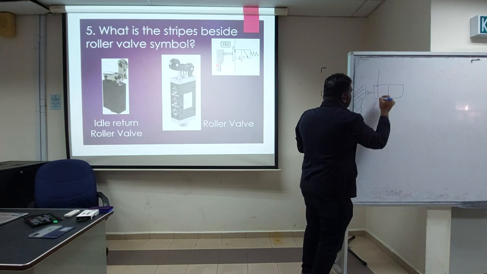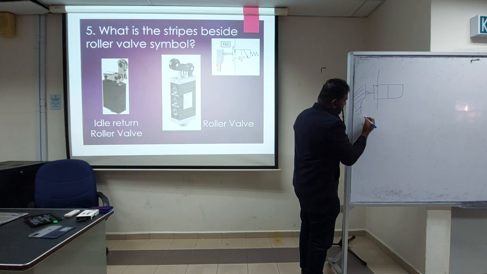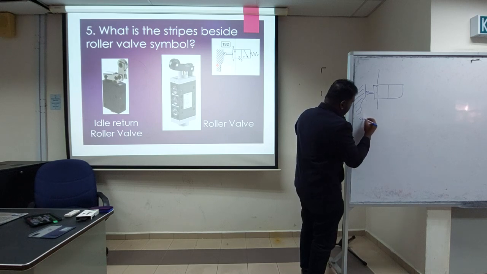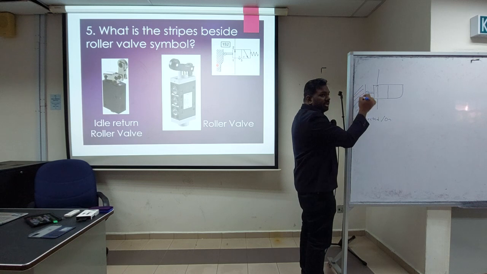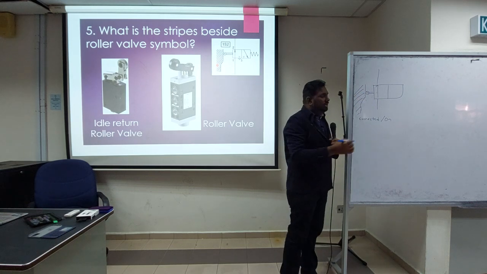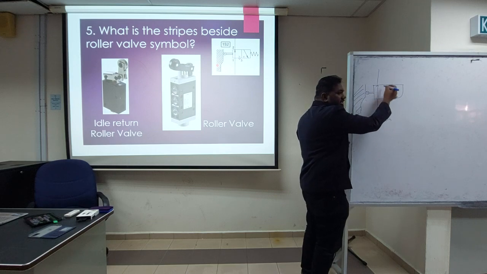Saya boleh tengok yang ni dia ada connection. Sebab yang ni on, so meaning is connected. Kalau ada simbol ni, so meaning this valve is on. So meaning is in the initial condition.